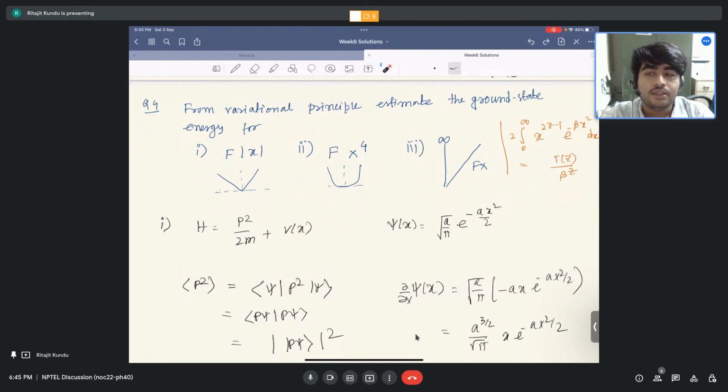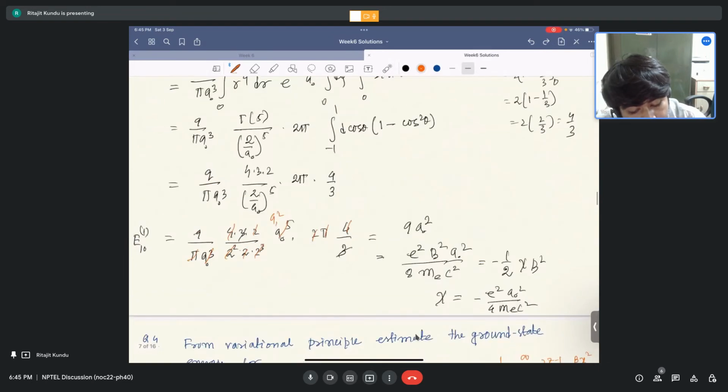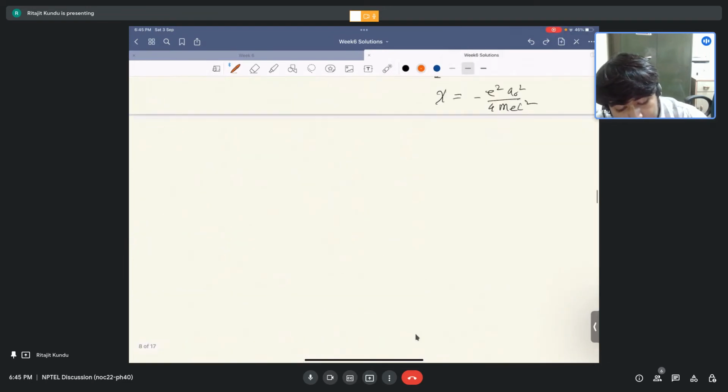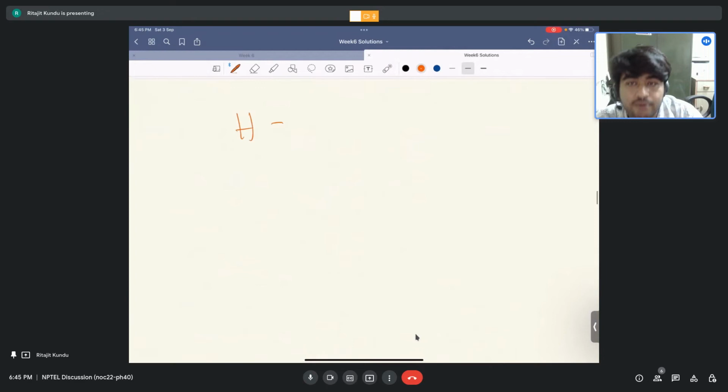So you do perturbation theory when we are given a Hamiltonian that can be broken into two parts. Let me just write here. Let's say you are given an H, and you can write it as H naught plus some lambda H1, and this lambda is the small parameter.